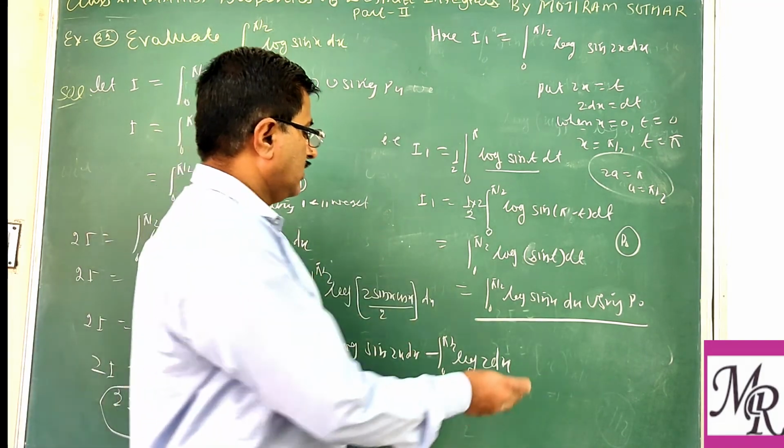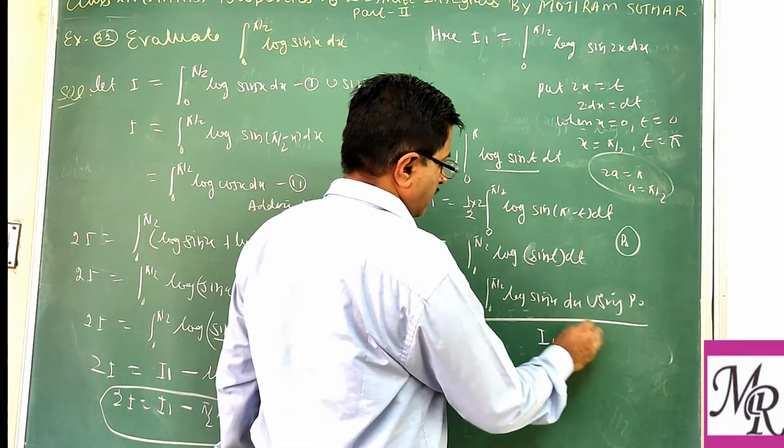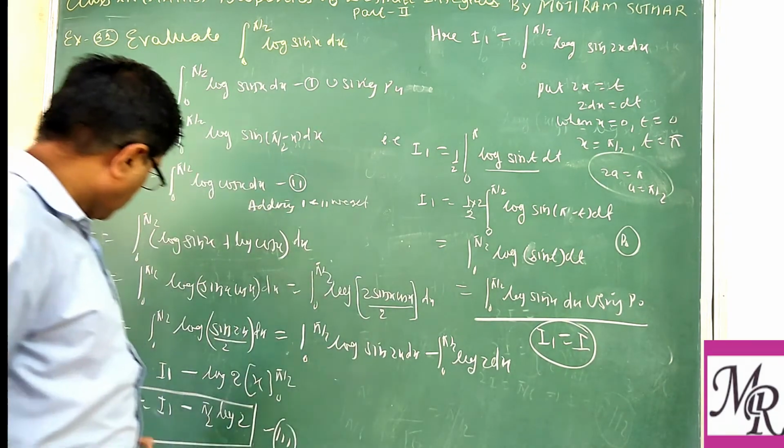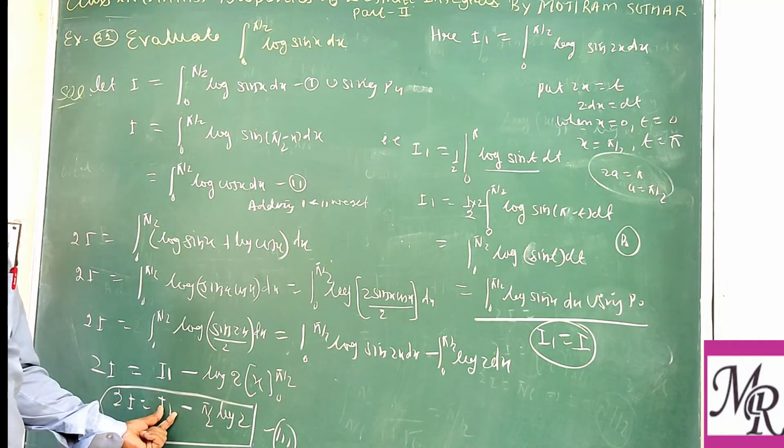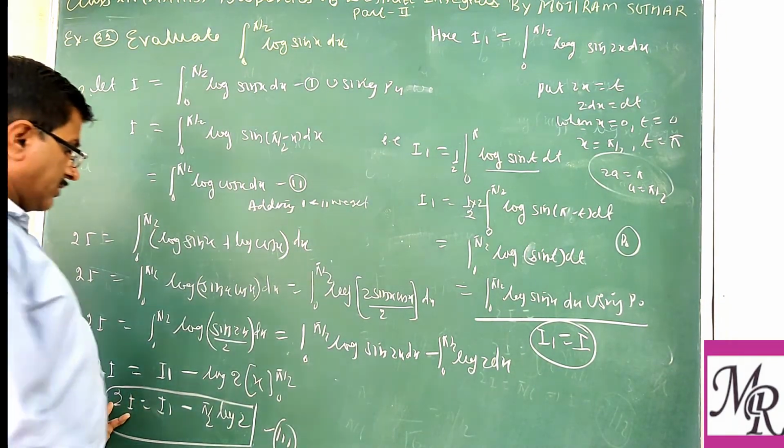So I1 equal to I. So this I1 we resubstitute as I. So what do we get?